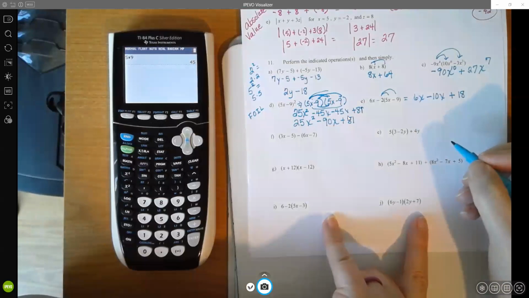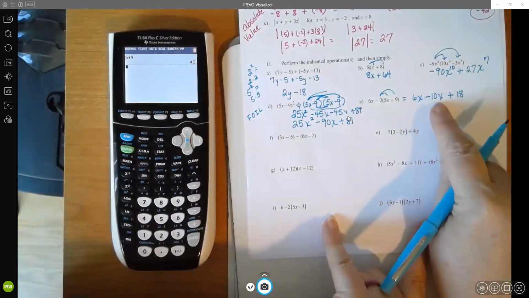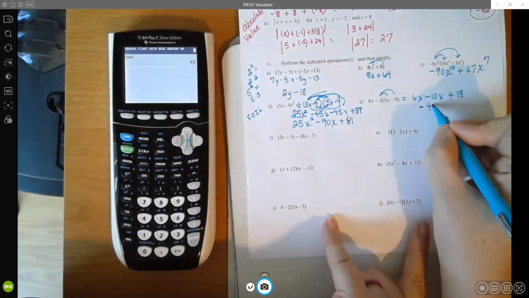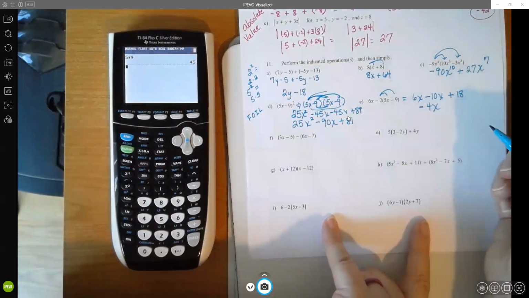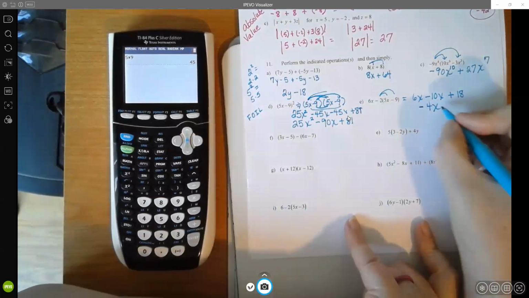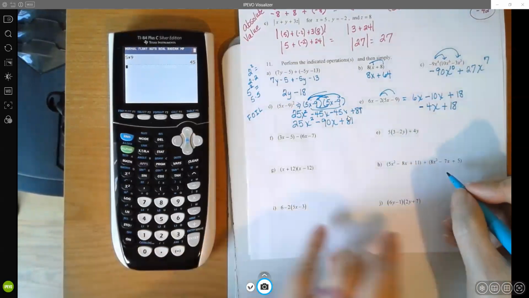A negative times a negative is a positive. Then 6x minus 10x is a negative 4x. 6 subtract 10 would leave us negative 4x, and then the 18 has no like terms.